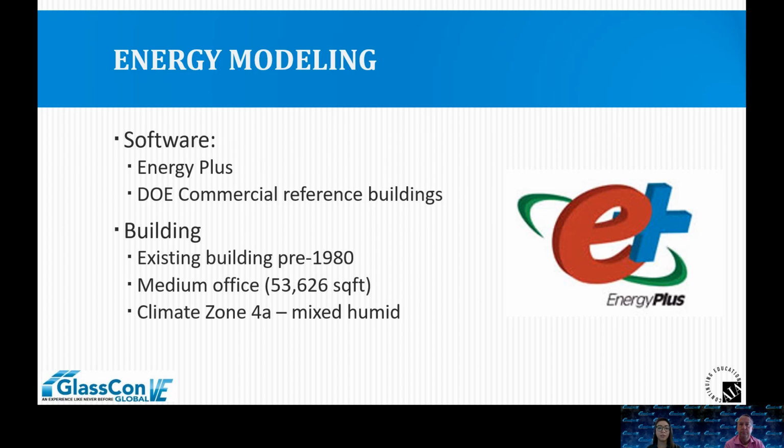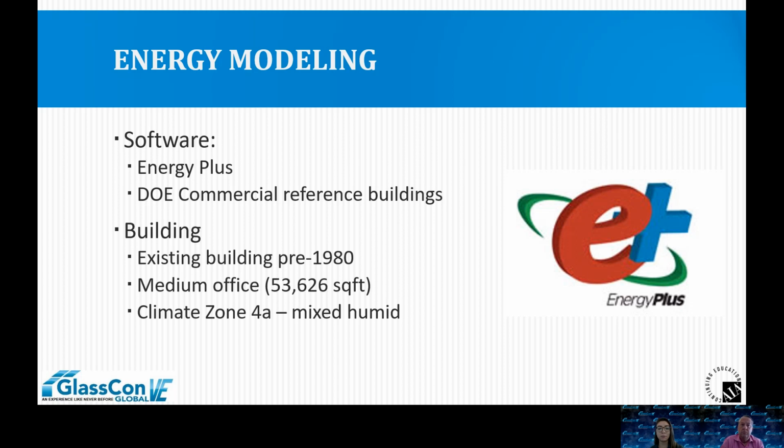So the building we selected was an existing building pre-1980. Reason being, we assume anything built prior to 1980 is more likely to be single glazed. Anything built after 1980 is more likely to be built with a traditional IGU. And so this is more where we would be having some sort of impact.